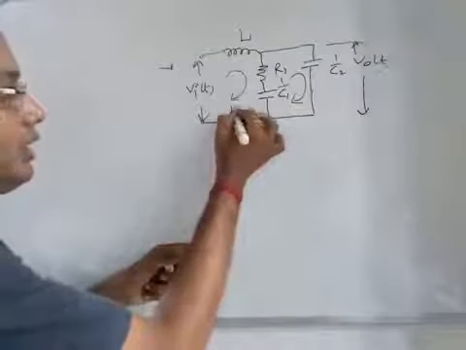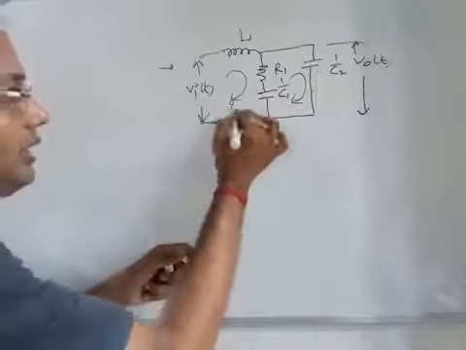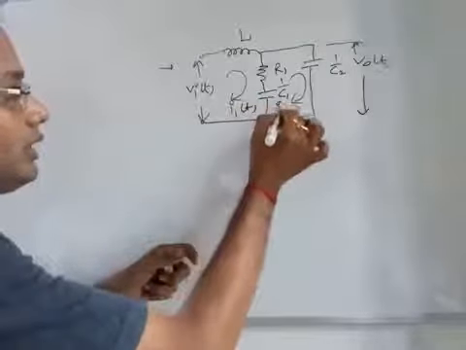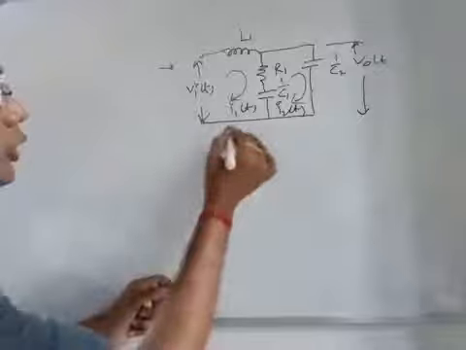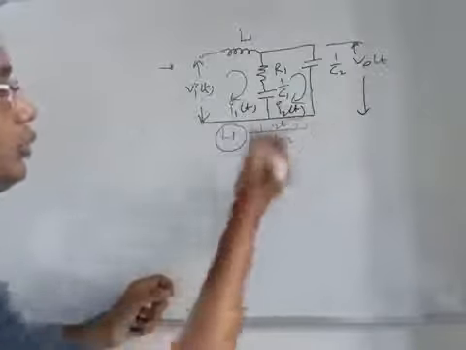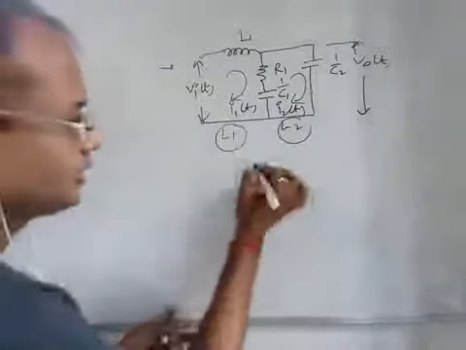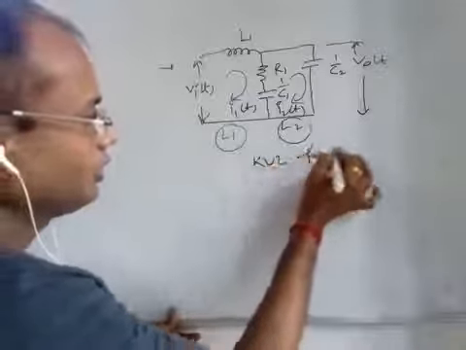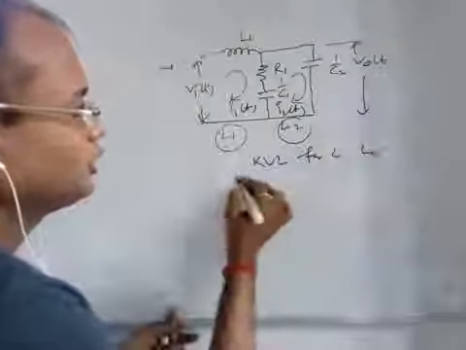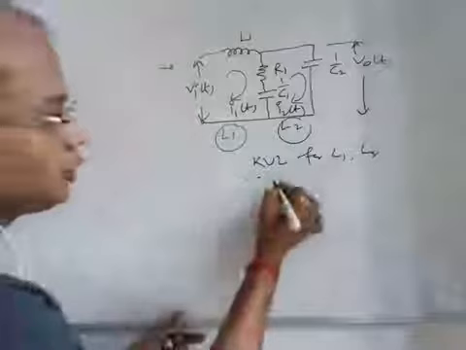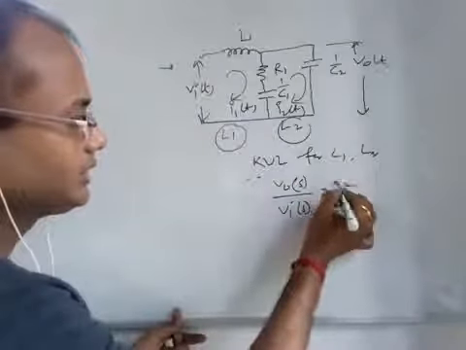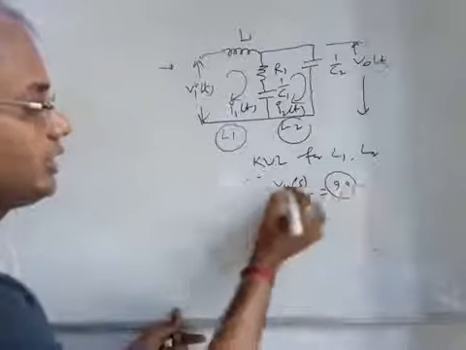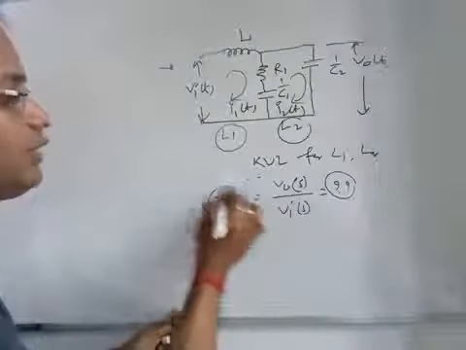The currents are I1(t) and I2(t), and this is loop 1, this is loop 2. Write down the KVL for loop 1 and loop 2 and solve for the parameters to get V0(s) by Vi(s). Once you get this V0(s) by Vi(s), that is your transfer function.